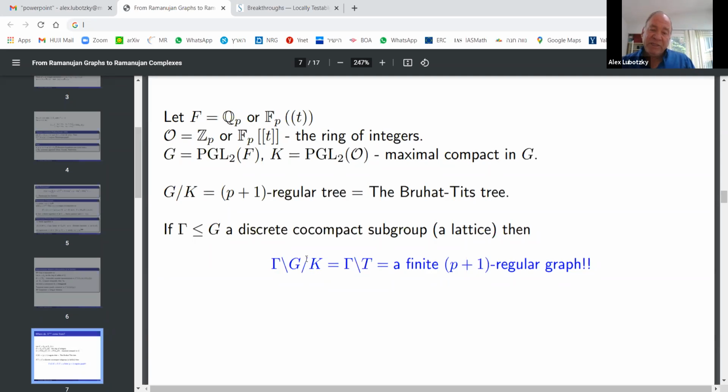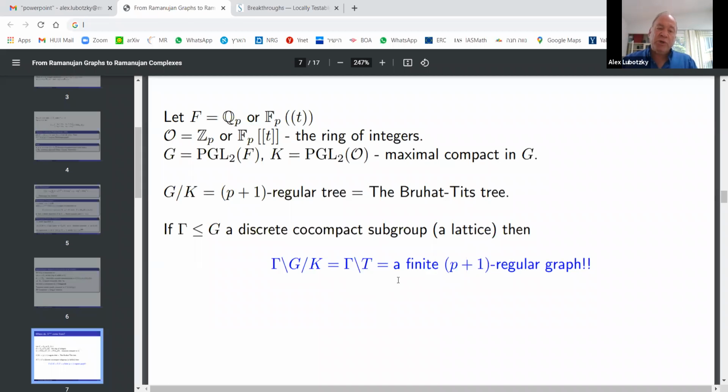But this was a co-compact lattice, namely G mod Γ is compact. So this is a compact graph. But a graph is a discrete object, so a compact graph means just a finite graph. So by this complicated way, we just get a finite (p+1)-regular graph. Okay, but hold on, don't guess that these are the Ramanujan graphs, not at all.